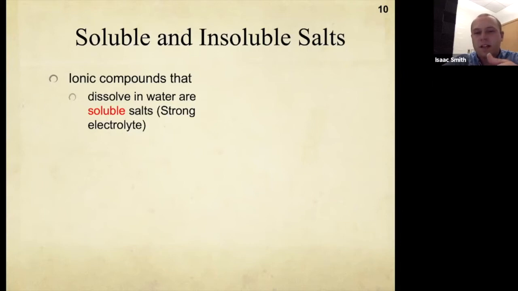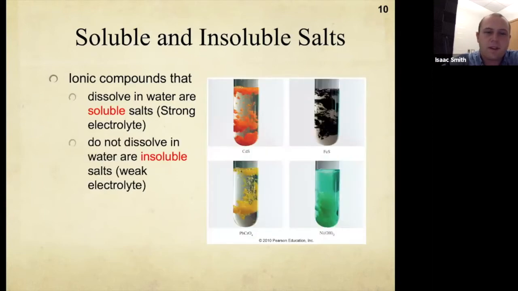Ionic compounds dissolve in water because they split up into different ions, so those are strong electrolytes. If they do not dissolve in water, they are insoluble salts, and they are considered weak electrolytes. Here are a few examples of insoluble salts. Insoluble is pretty obvious: if you look at a solution and you can see some solids in there, then it would be insoluble.